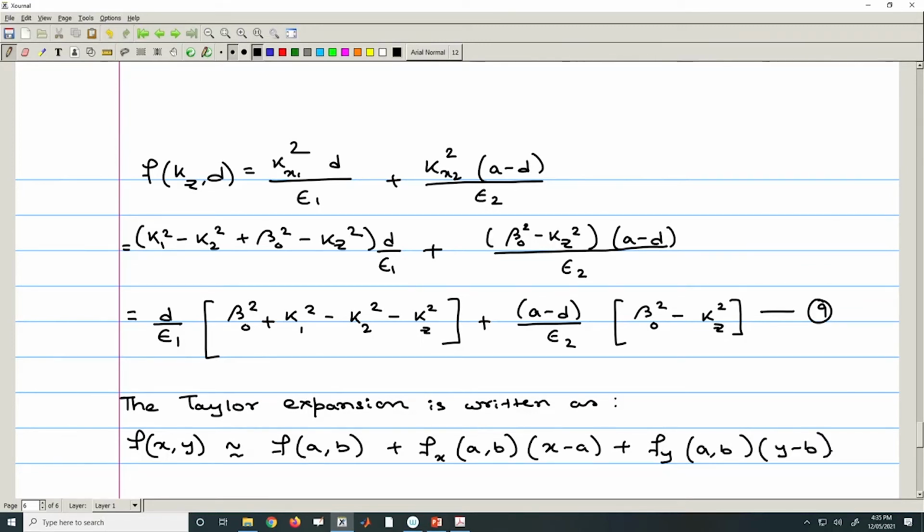So, here we have neglected the second order and all the higher terms.